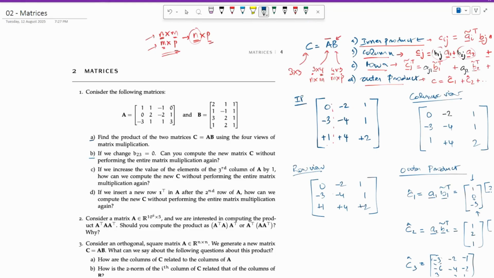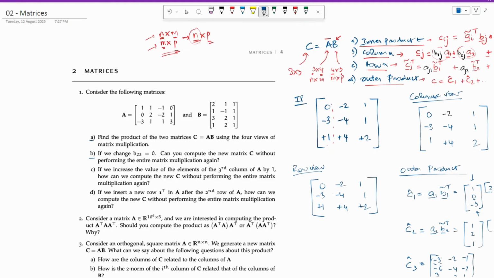That is the new information. The question is, can you compute C without having to recompute everything? Do you have to recompute the whole matrix again, or do we only have to compute specific parts of the product matrix C?